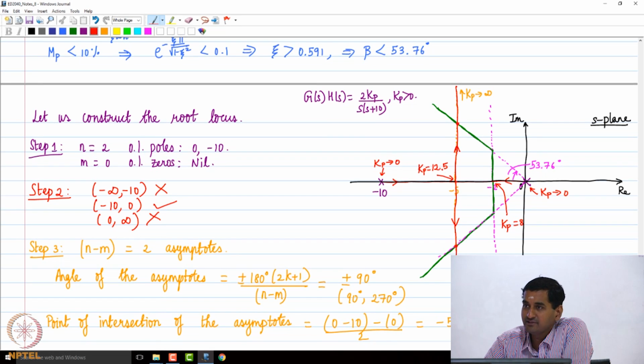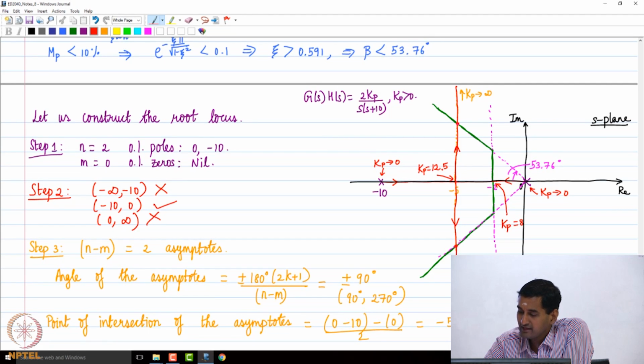First, I need to figure out what is that point. How do I find out the coordinates of that point? I hope it's clear what I am doing. I am figuring out for what range of Kp would the two branches of the root locus lie in this green region, the open trapezoidal region, which is bounded by these green colored lines.